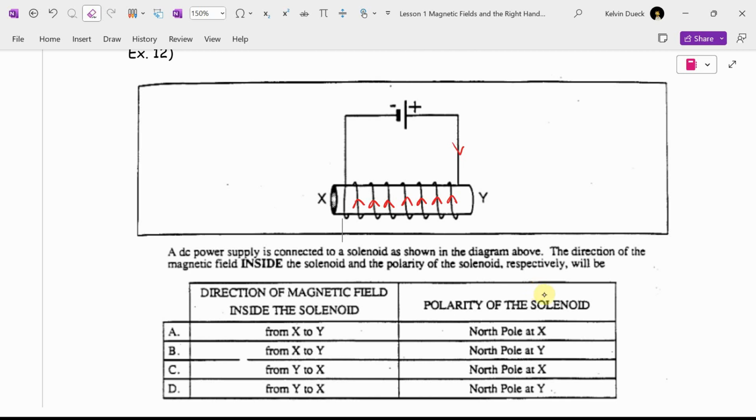So, north pole at X, yes, no, yes, no. And then we follow the magnetic field line. What about inside the solenoid? Inside the solenoid, it's going from Y to X. No, no, yes, yes. What's the correct answer?